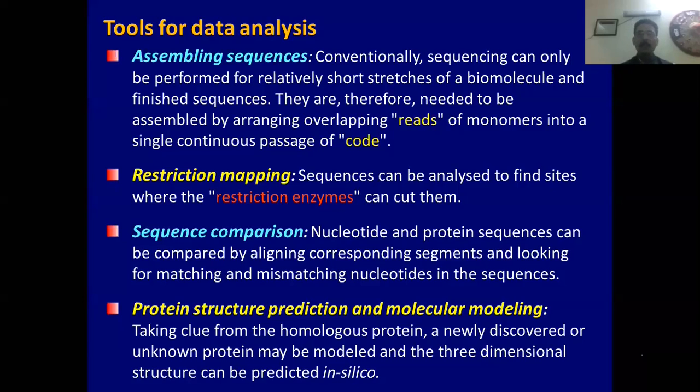You can develop the capacity to analyze and interpret sequence data, maybe protein sequence data, maybe gene sequence or genomic sequence data. For that also, various kinds of tools and platforms are available online. So for assembly of the reads that we obtain from the sequencer machine, we can use sequence assembly tools.